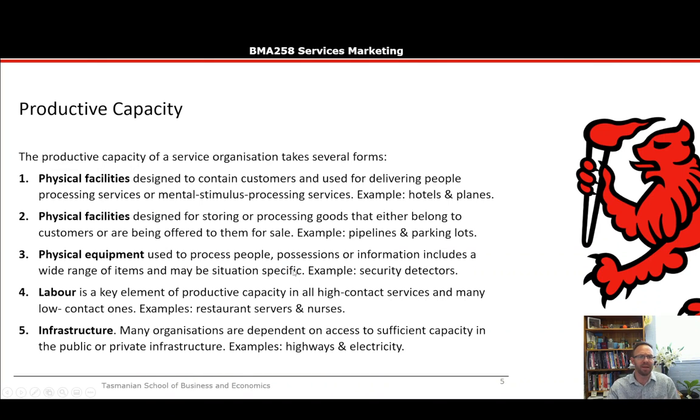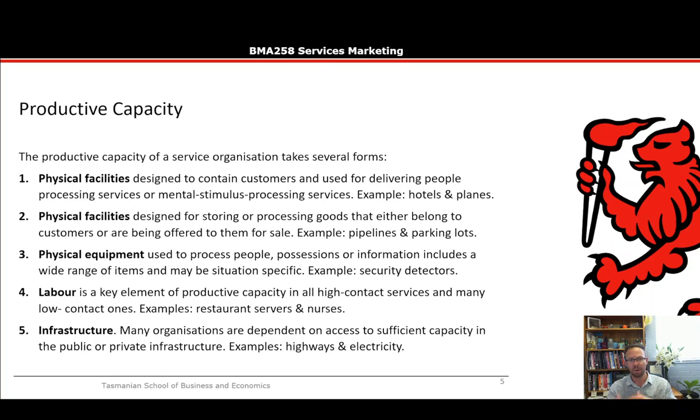Alright, so productive capacity of a service organisation takes several forms. First of all, the physical facilities designed to contain customers and used for delivering people processing services or mental stimulus processing services, such as in hotels and planes. So the physical facilities are also designed for storing or processing goods that either belong to customers or are being offered to them for sale.